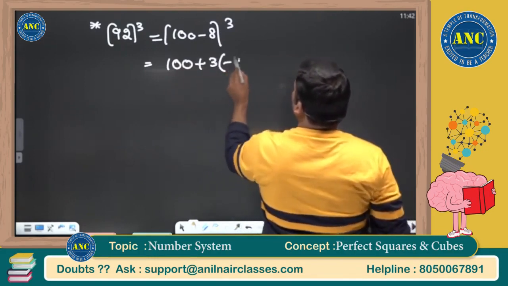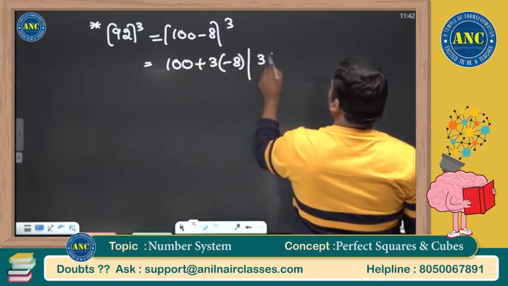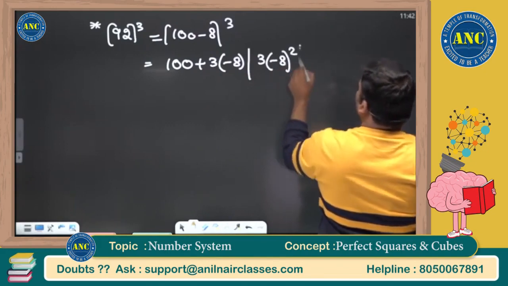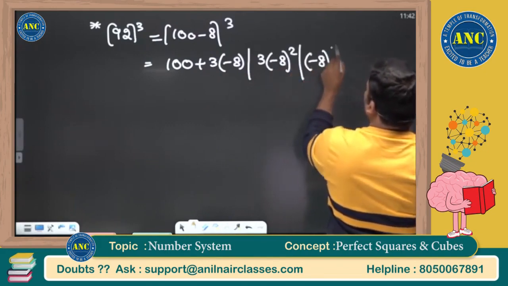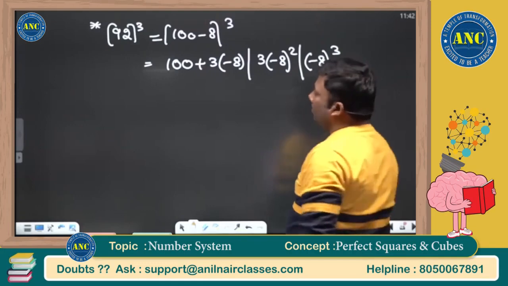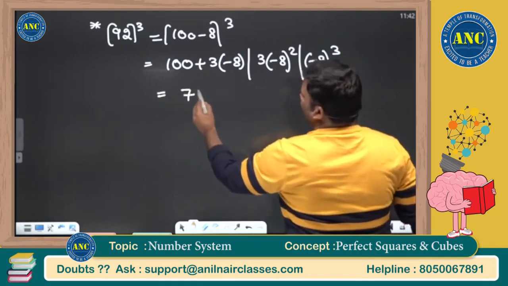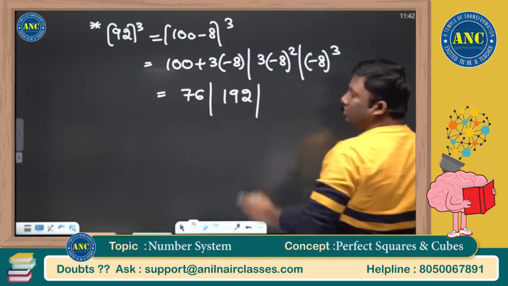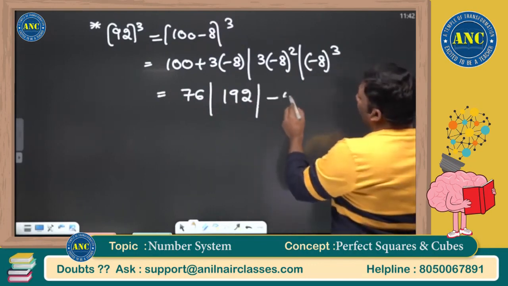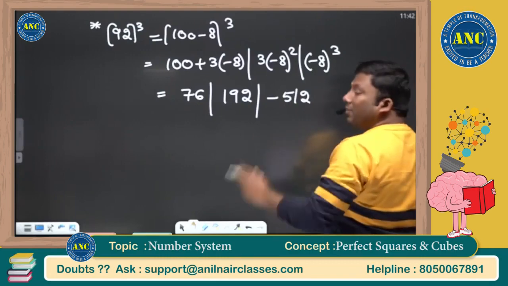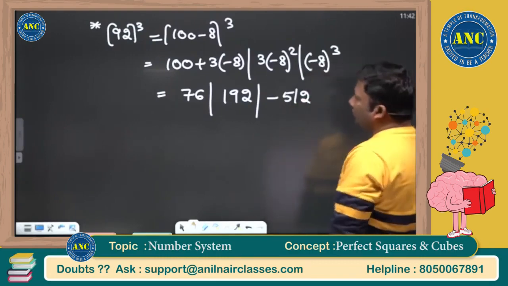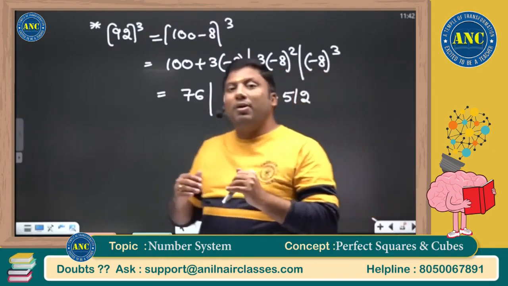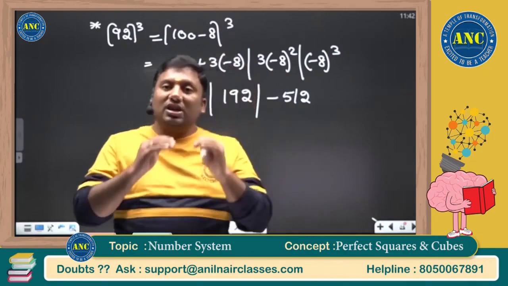Next it is 3x square, and the next one is x cube. 100 minus 24 is 76. 64 3s are 192. Minus 8 cube: 8 cube is 512. Minus power odd, it will be minus 512. In the previous problem we took a carry which is always 1.